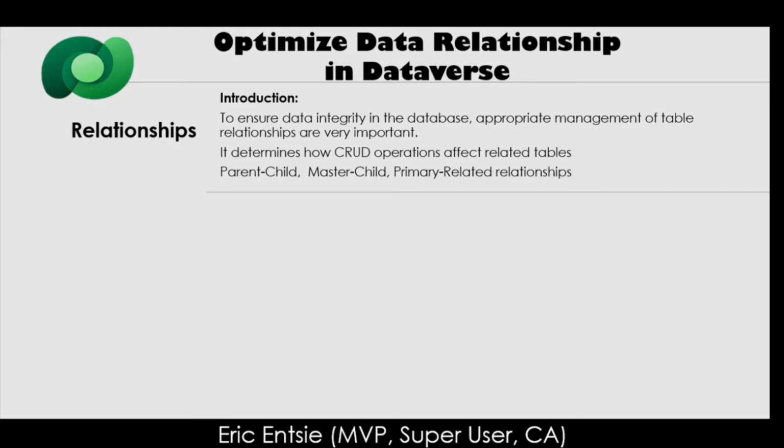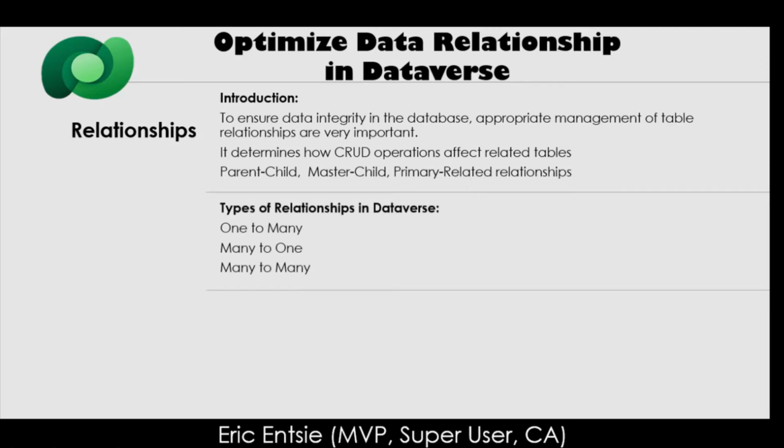Usually some of the terminologies that we use are parent-child relationship between two or more tables. We can use the master-child relationship. In Dataverse, we normally use the primary table and then the related tables. Now, as I said earlier, we have three kinds of relationship that are available in Dataverse.